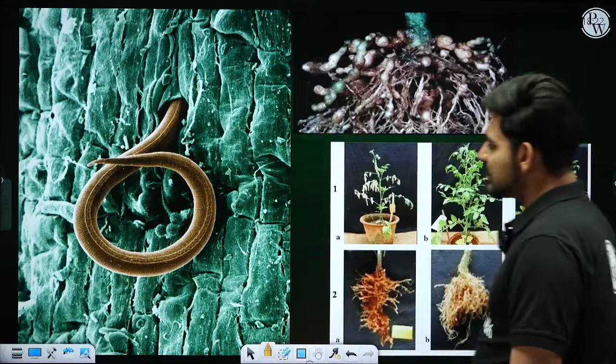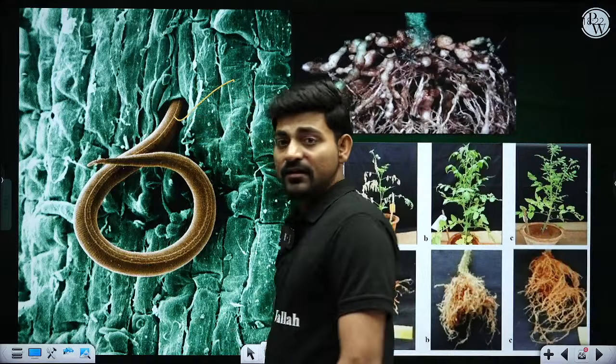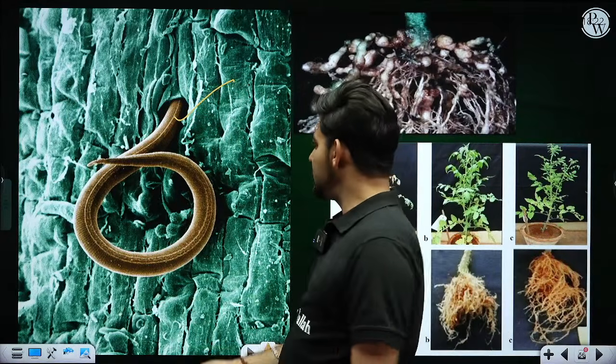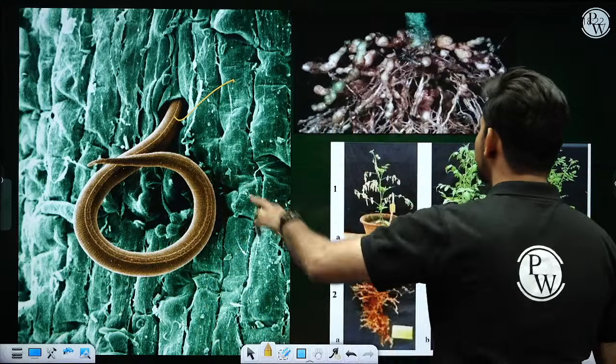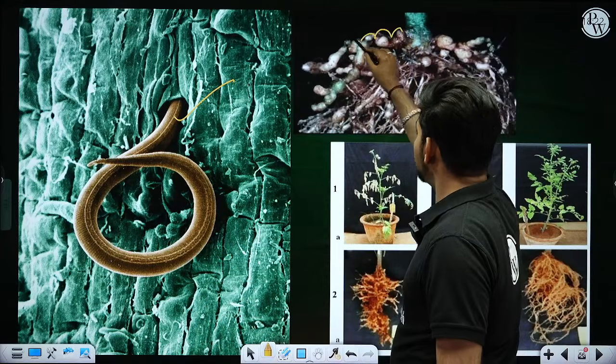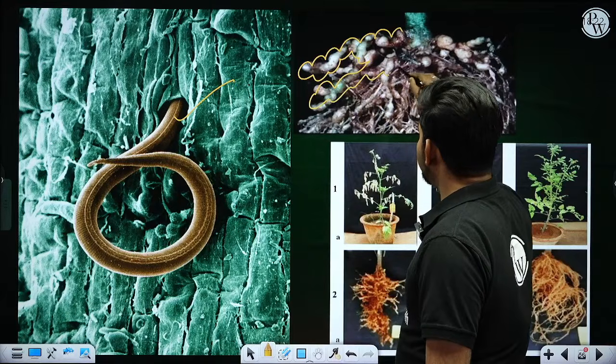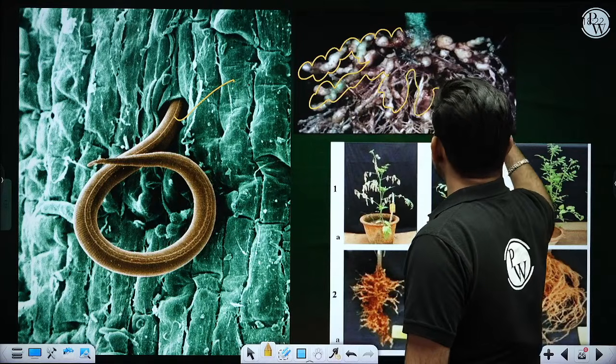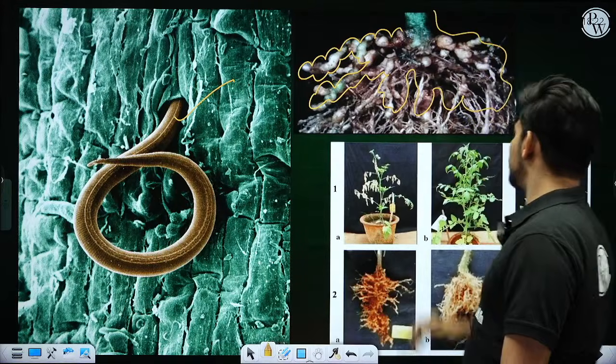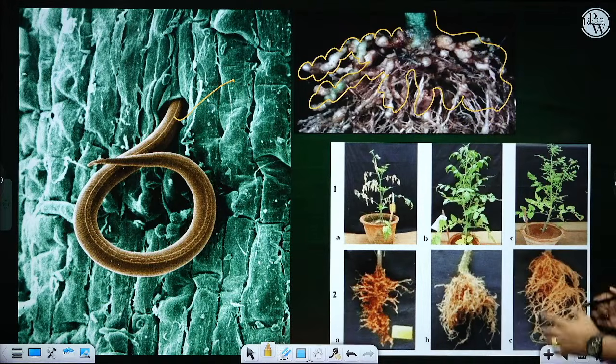Okay, so this is the Meloidogyne incognita, a roundworm or aschelminth that will be penetrating into the roots of tobacco plant and will be eating the tissue inside and will be destroying the productivity of the plant, and gradually the plant will die.